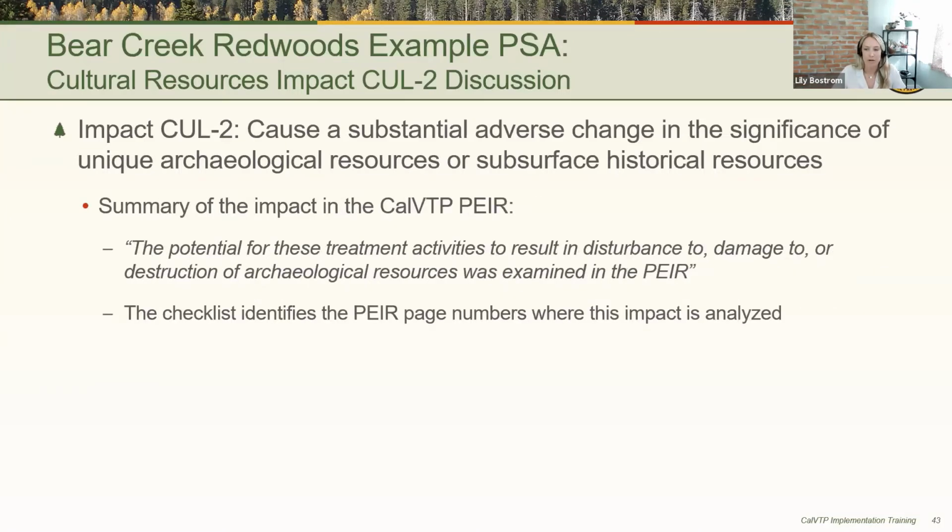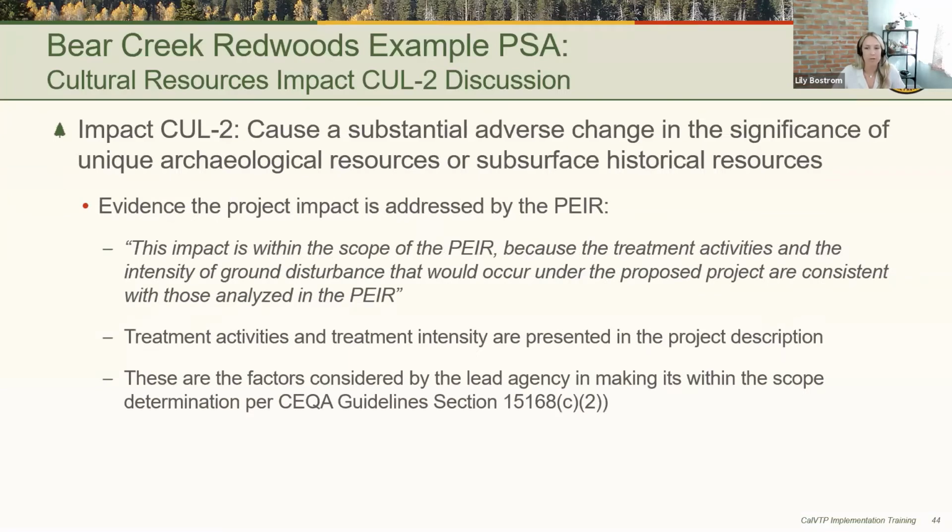So next, you want to summarize the impact in the CalVTP program EIR. So the potential for these treatment activities to result in disturbance to, damage to, or destruction of archaeological resources was examined in the program EIR. And again, the preceding checklist identifies the specific page numbers where this impact is analyzed in the program EIR. Next slide. So then you provide the evidence that the project impact is addressed by the program EIR.